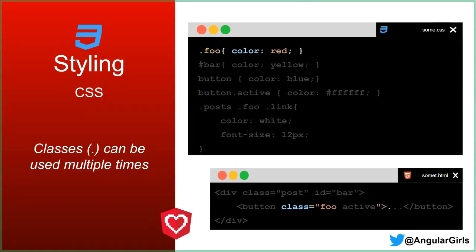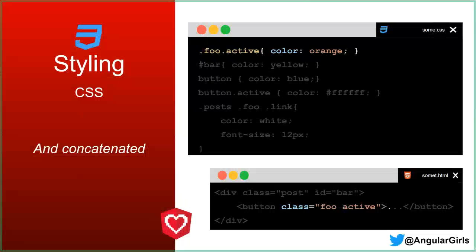The most basic thing is a CSS class. This class is defined by a dot and the name of the CSS class. Later when you use it in your HTML, you just write the attribute class and then the name, in this case foo. You can also have multiple classes, written with .foo.active, for example.